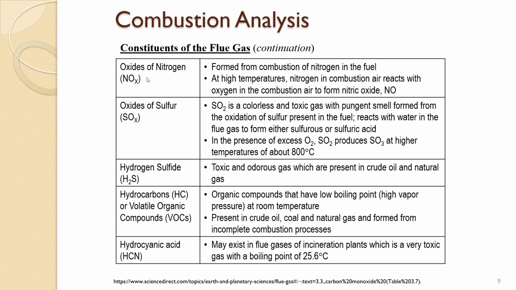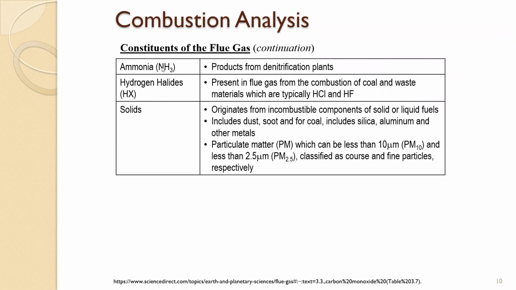Also, it could have the impurities, the NOx, the SOx, hydrogen sulfide, some other hydrocarbons or volatile organic compounds, and sometimes hydrocyanic acid, sometimes ammonia, sometimes hydrogen halides, and sometimes the impurities such as ash or iba't iba pang solids.